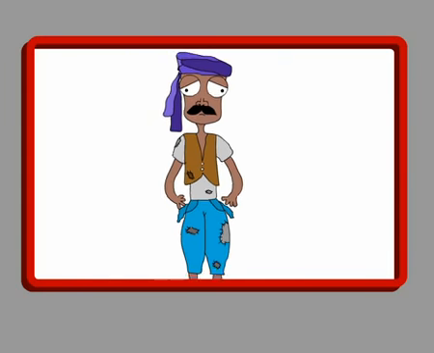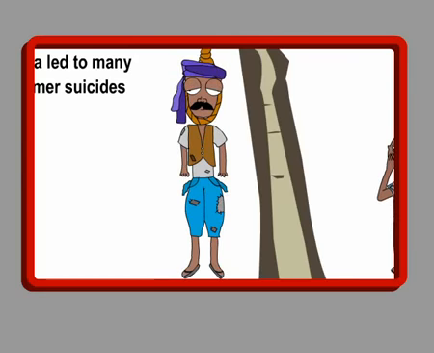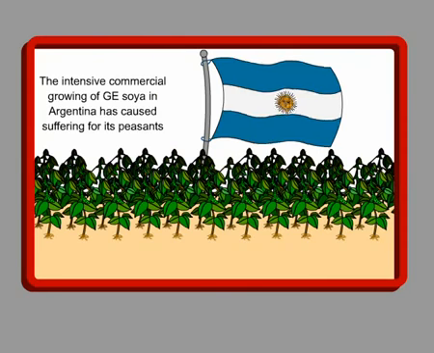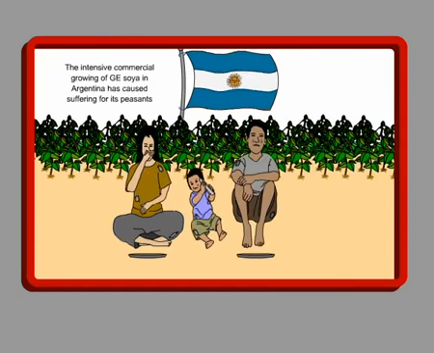Hundreds of farmers in India killed themselves when their GE cotton crop failed to produce the yield they were promised. They lost everything. Their families are still suffering today. In Argentina, thousands of peasants and children are suffering from poverty and malnutrition because of the intensive commercial growing of GE soya.